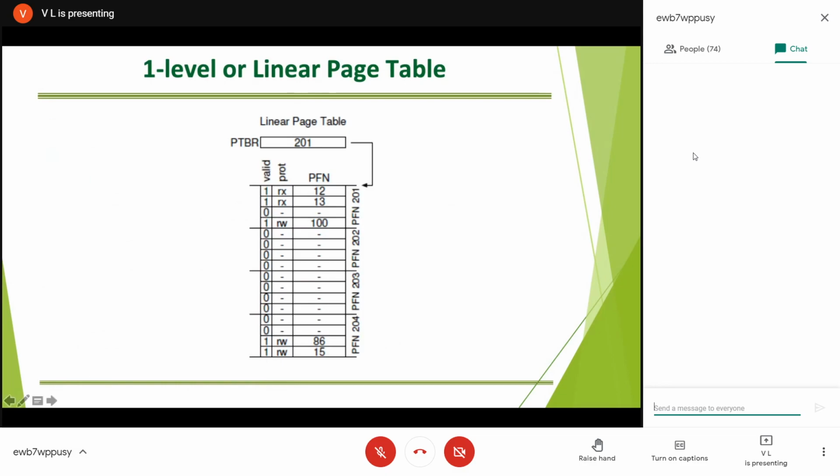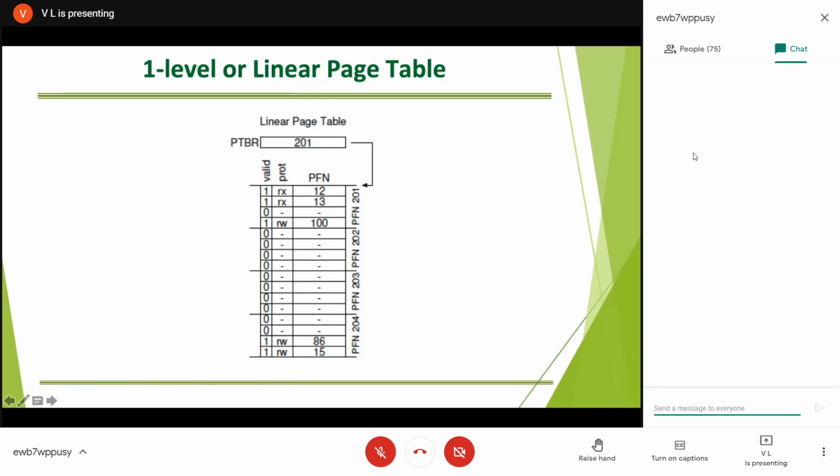The operating system will store the starting address of the page table in a register called the page table base register, which is provided by the hardware. The memory management unit is also part of the hardware, and it is automatically designed to take the address from it.